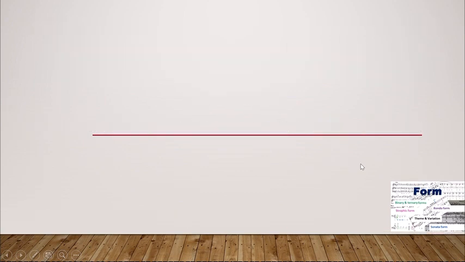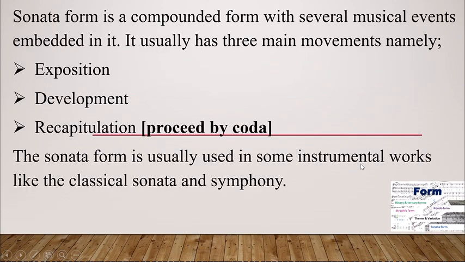The sonata form is a compounded form with several musical events embedded in it. Here it usually has three main movements or sections, in the order of exposition. That is when you state the main theme of the music, supported by some secondary themes and other musical elements using modulation.